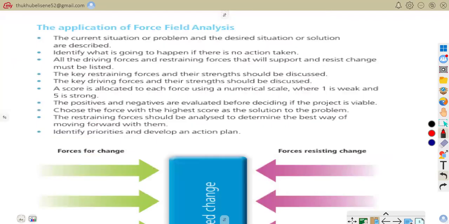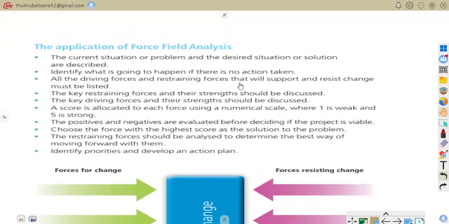So now we come to the application of force field analysis. Let us be on that. As it says, the current situation or problem and the desired situation or solution are described.